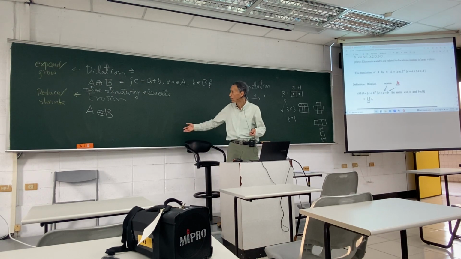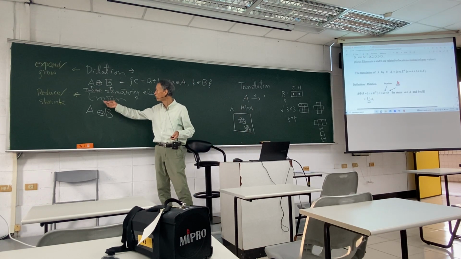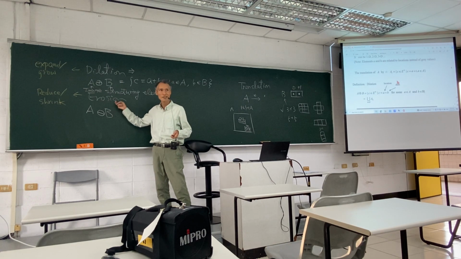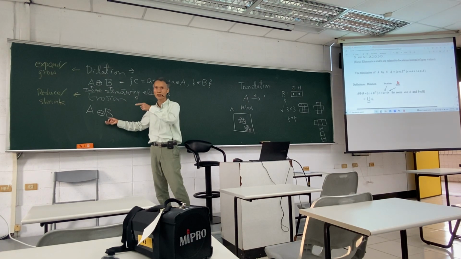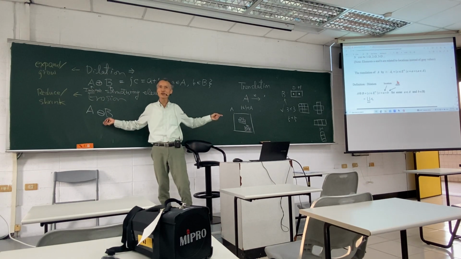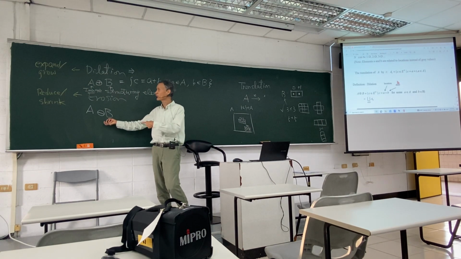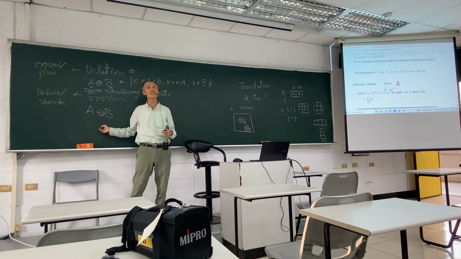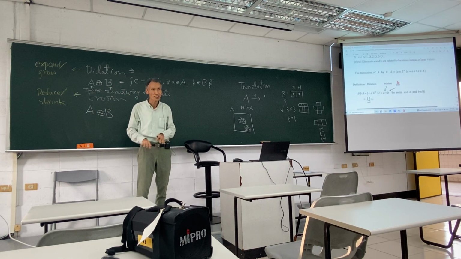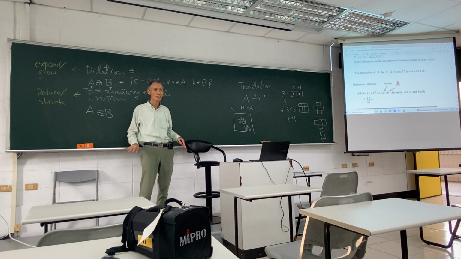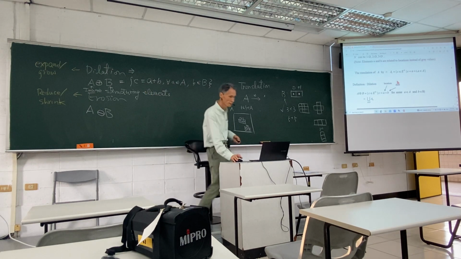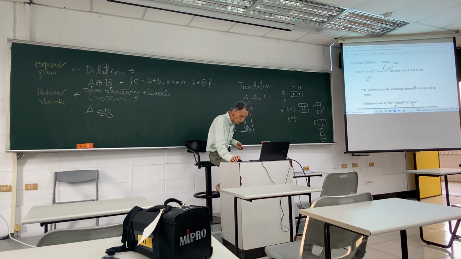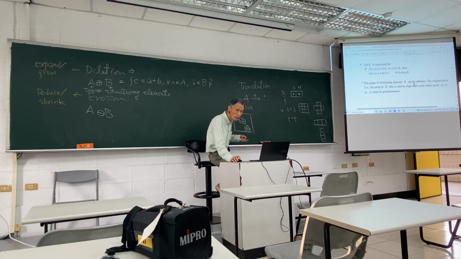And now you know what will it work for erosion. You will take intersection. Before, we did the union; for erosion, because you want to shrink, you want to reduce, then you will take intersection. You must take the intersection. Okay, so I'll show you how we do it. Okay, so any questions so far for the dilation?